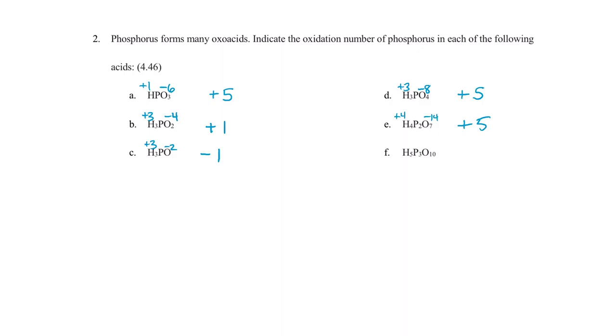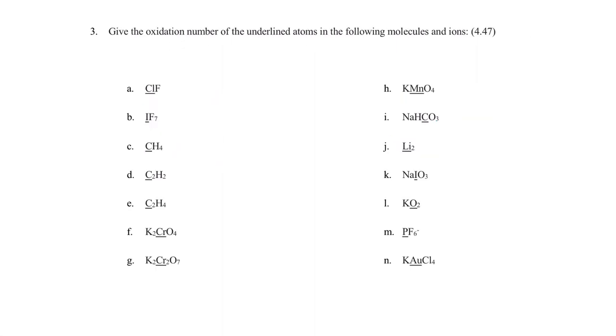And in letter F, my hydrogens are +1 still, and my oxygen is still -2. So that gives me a +5 for hydrogen and a -20 for oxygen. Those will add up to a -15. So the phosphoruses must add up to a +15. There's 3 of them, so 15 divided by 3 is +5.